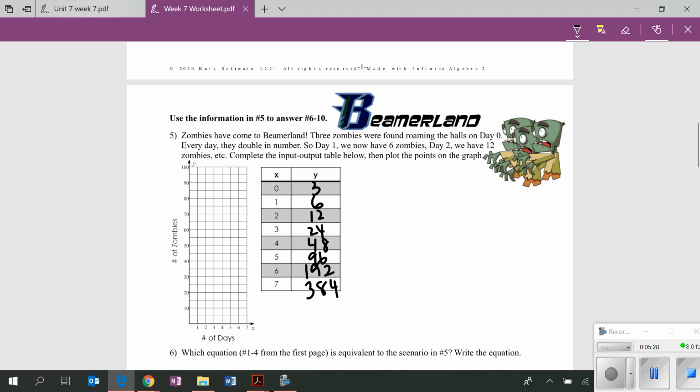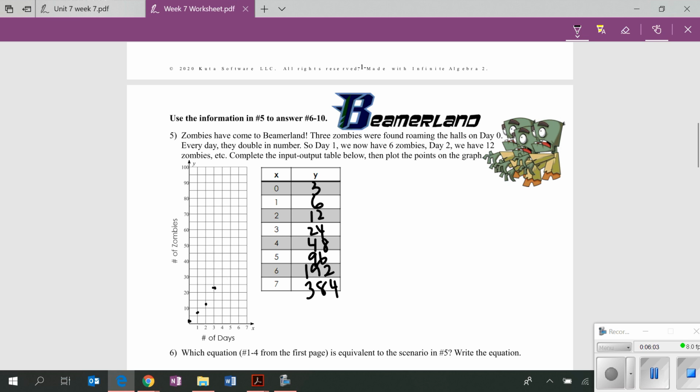Now to graph some of these points. I know on day 0 we're having 3 zombies, so somewhere over here. Then day 1, we've got 6 zombies, so it's above my 5 mark there. Day 2, there are now 12 zombies, a little bit above my 10. Day 3, there's now 24 zombies, right there.